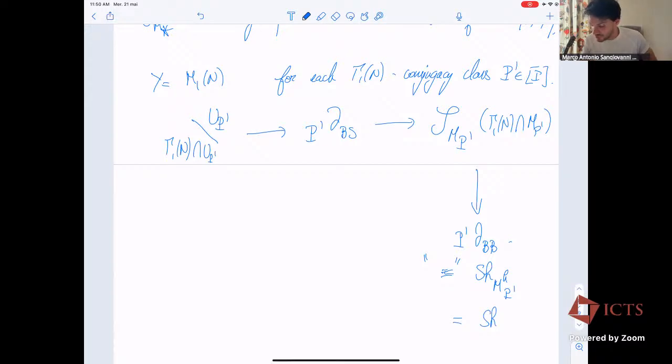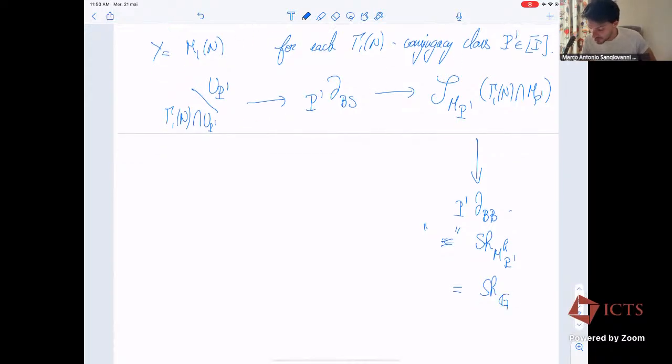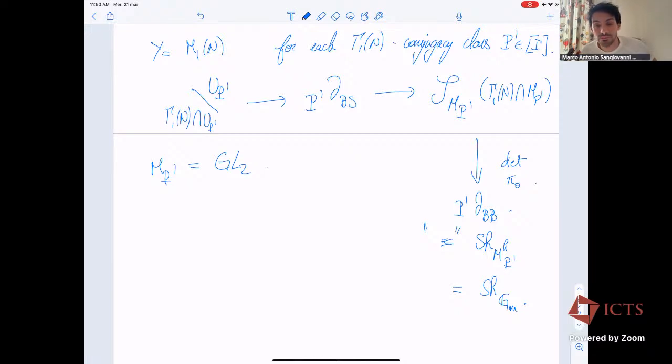This is a quotient of M_P prime, which is GL2, and this map is induced by determinant. So it's really actually the connected component map. Okay, so this is the picture for the boundary components associated to Siegel parabolics.